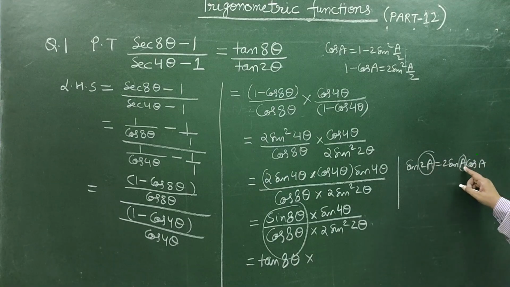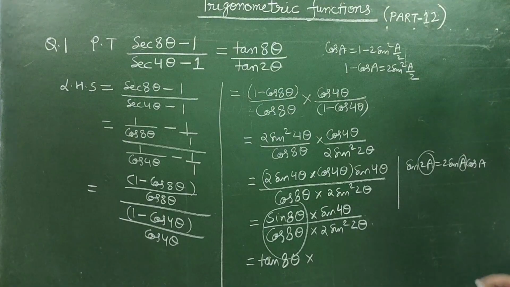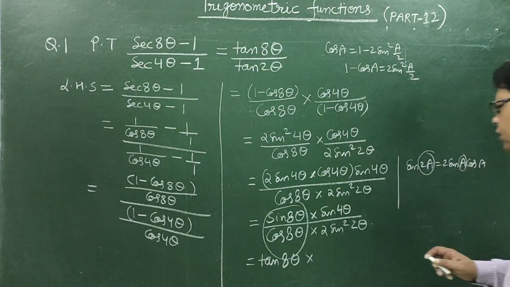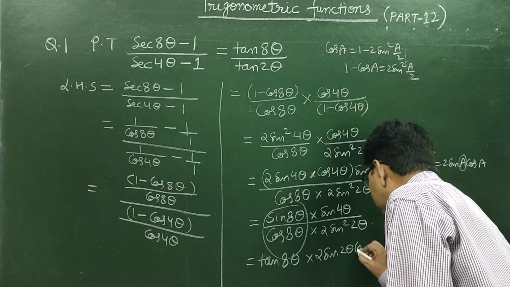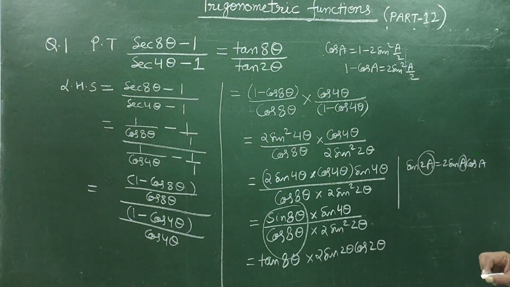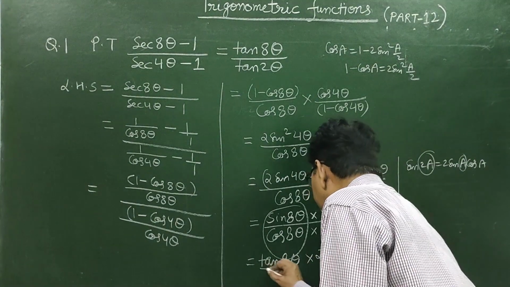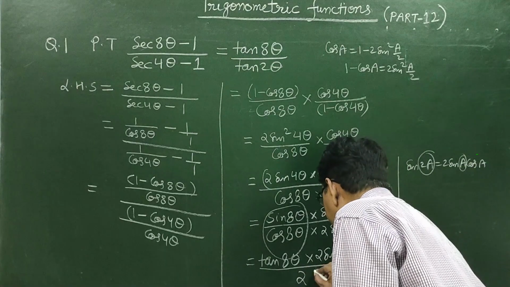So half of 2A is A. So we can write this sin 4θ is equal to 2 sin 2θ cos 2θ, upon 2 sin square 2θ.